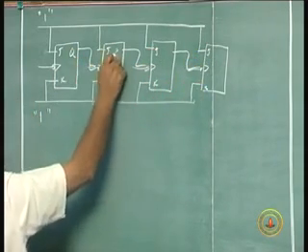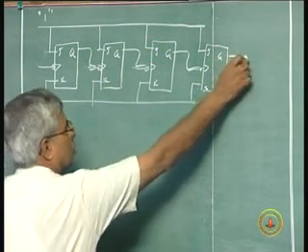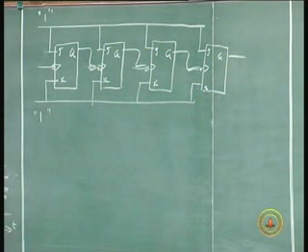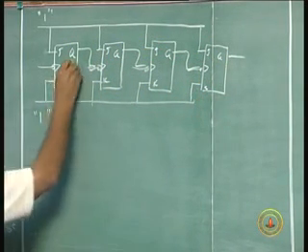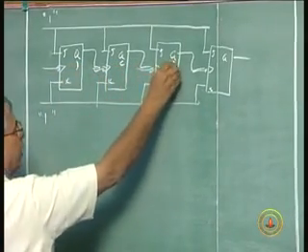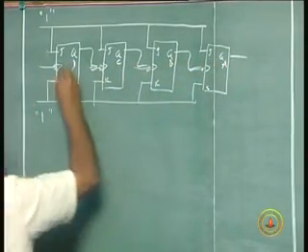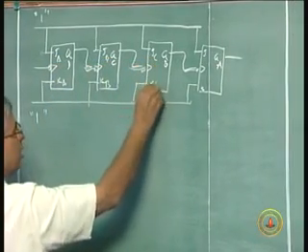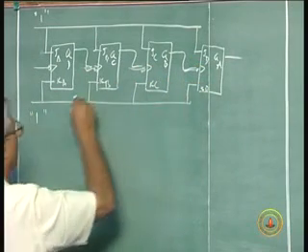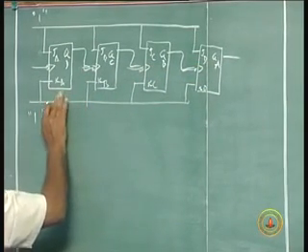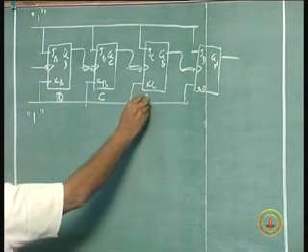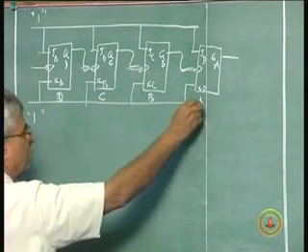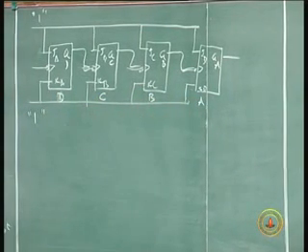The outputs are QA, QB, QC, QD, for flip-flops A, B, C, D. I'm connecting the outputs like this.